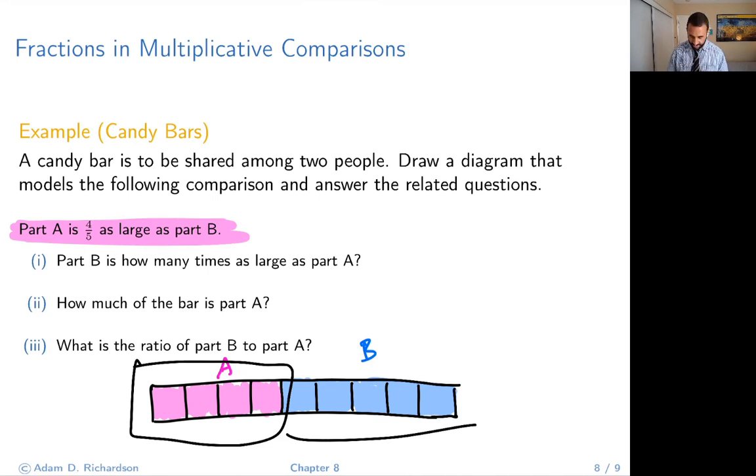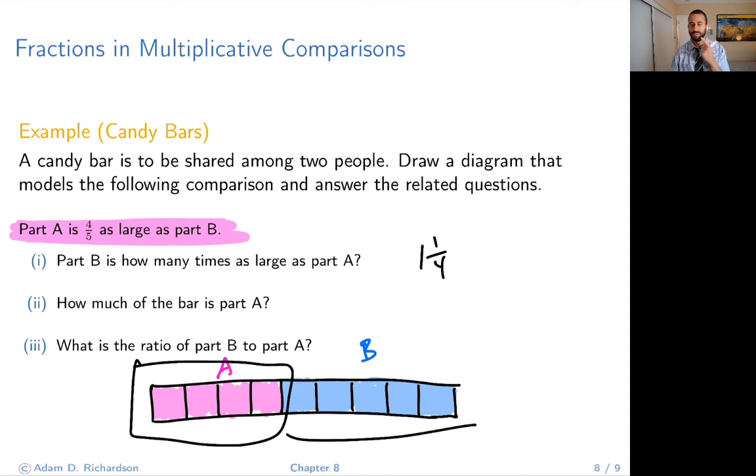Well, take a look. A has 4 pieces and B has 5. So we're going to need at least one whole A, but then we're also going to need a quarter of an A. We need 1 1/4 lengths A to make the length B.